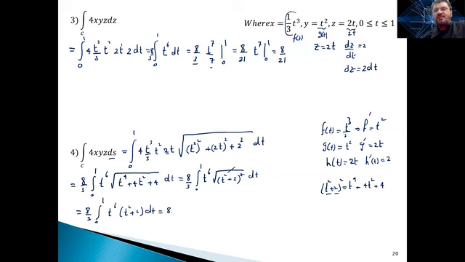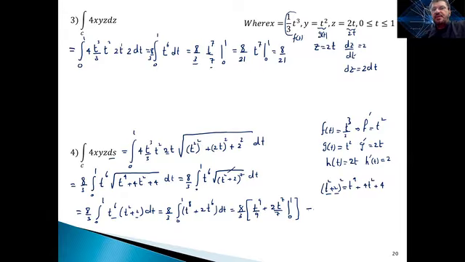So this is equal to 8 over 3 integration from 0 to 1 of t to the 6 times t squared is t to the 8, plus t to the 6 times 2 is 2t to the 6, all of that dt, which is 8 over 3. Now, what's the integration of the first one? I'm going to open a bracket. The integration of the first one is t to the 9 over 9, plus, what's the integration of this one? 2t to the 7 over 7. And this is from 0 to 1.